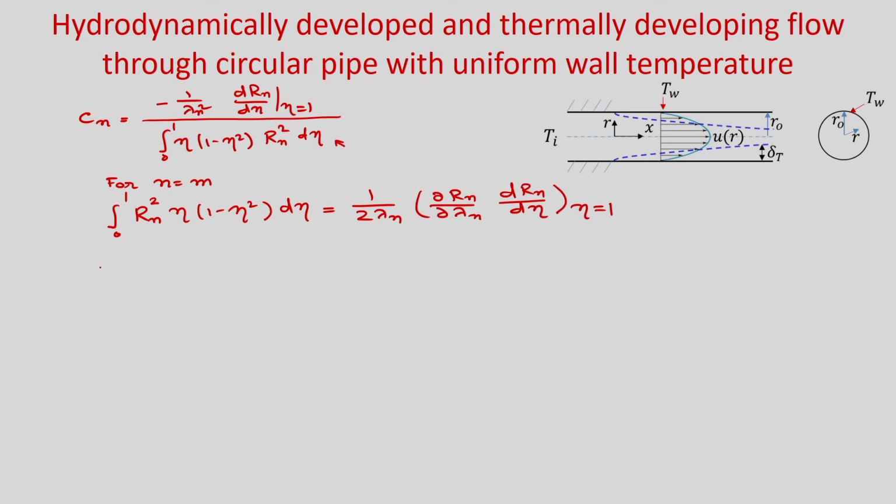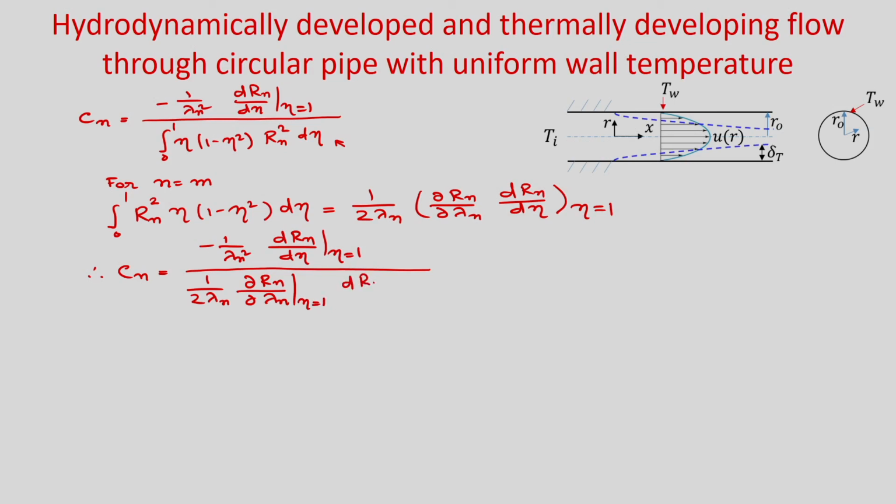So, you can write the constant C n as minus 1 by lambda n square d R n by d eta at eta is equal to 1 and in the denominator 1 by 2 lambda n del R n by del lambda n at eta is equal to 1 and d R n by d eta at eta is equal to 1.